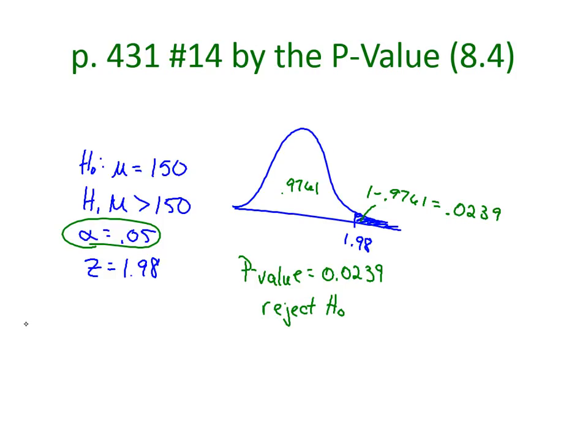And notice when I go back, I'm restating in simple words what the original claim was. It's not that it supports the claim that so-and-so believes this to be true. It's supporting the claim that it truly is greater than 150 pounds. Questions on that one?